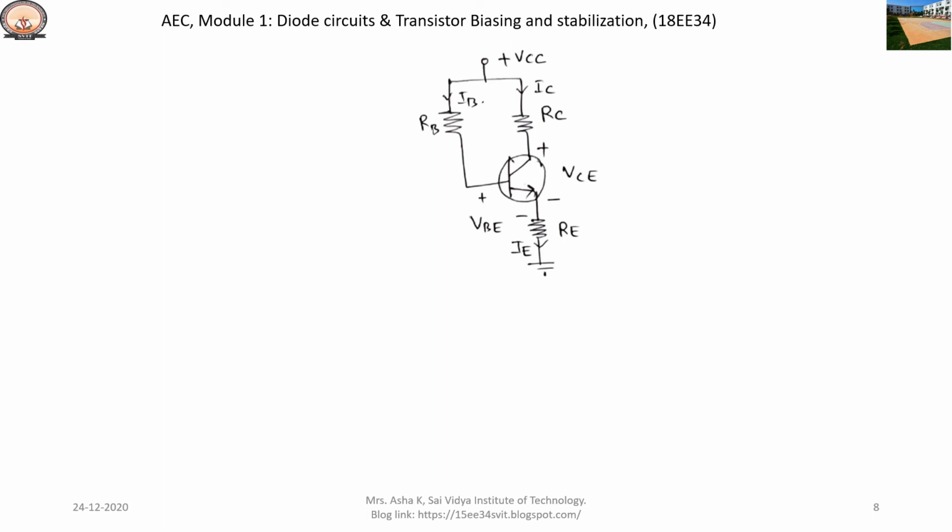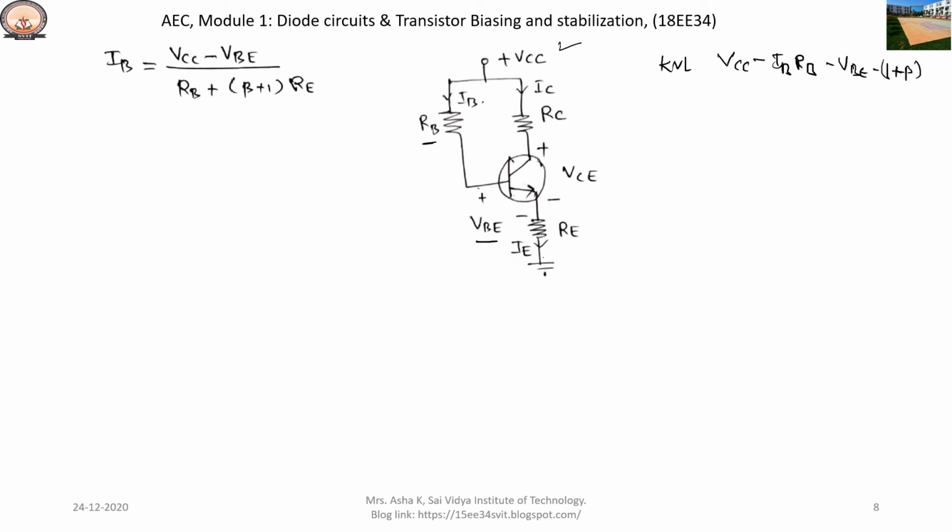By observing the given circuit, we can write the equation for IB, which is equal to one voltage, VCC, minus another voltage VBE, divided by the resistances here. We have one resistance RB and another resistance, 1 plus beta times RE. We calculated this by applying KVL to the input side, that is VCC minus IB RB minus VBE minus 1 plus beta times RE.